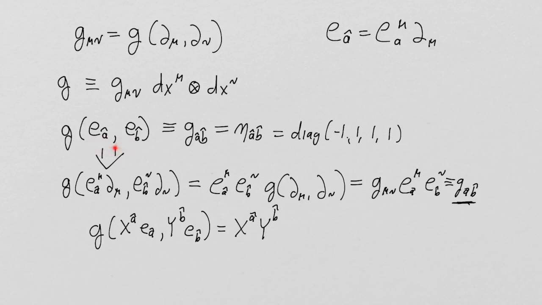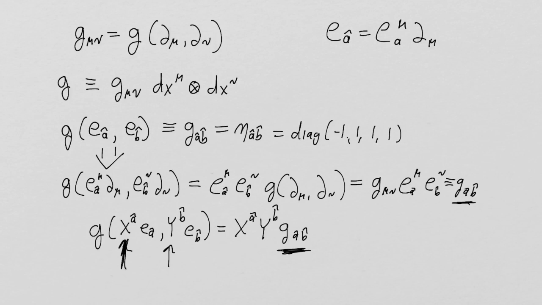G of E A E B is this guy here, so I just write G A hat B hat, and that allows me to find the magnitude between X and Y using the metric. So I've created a metric that is adapted for the tetrad coordinates.